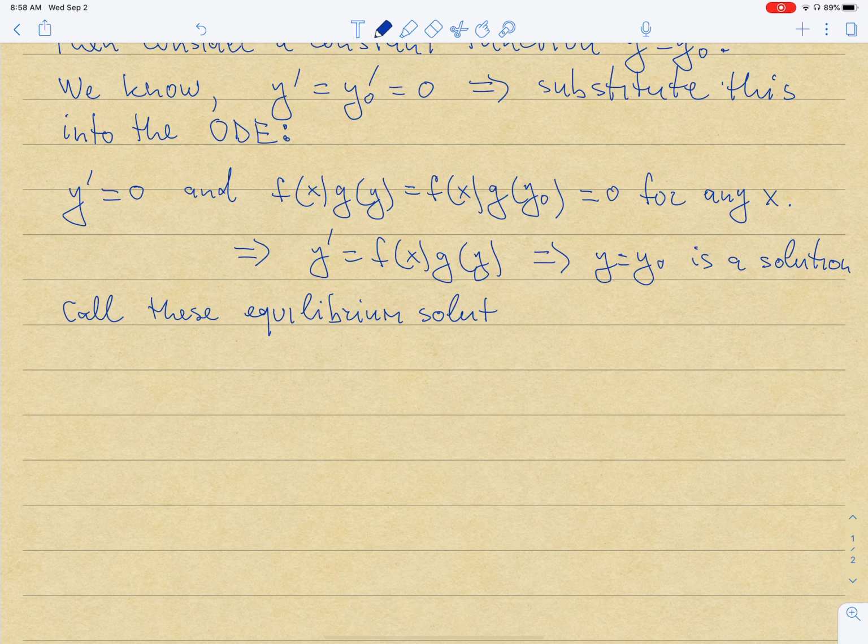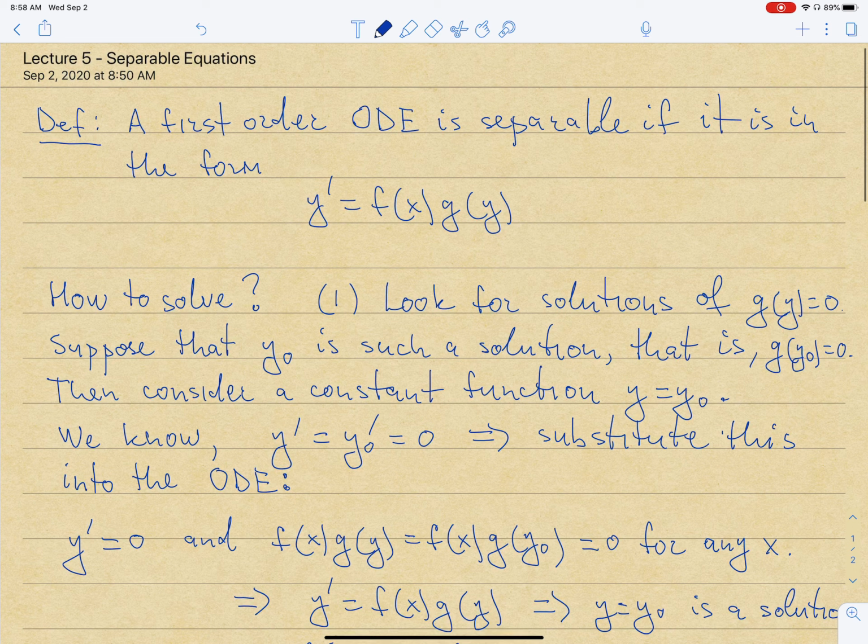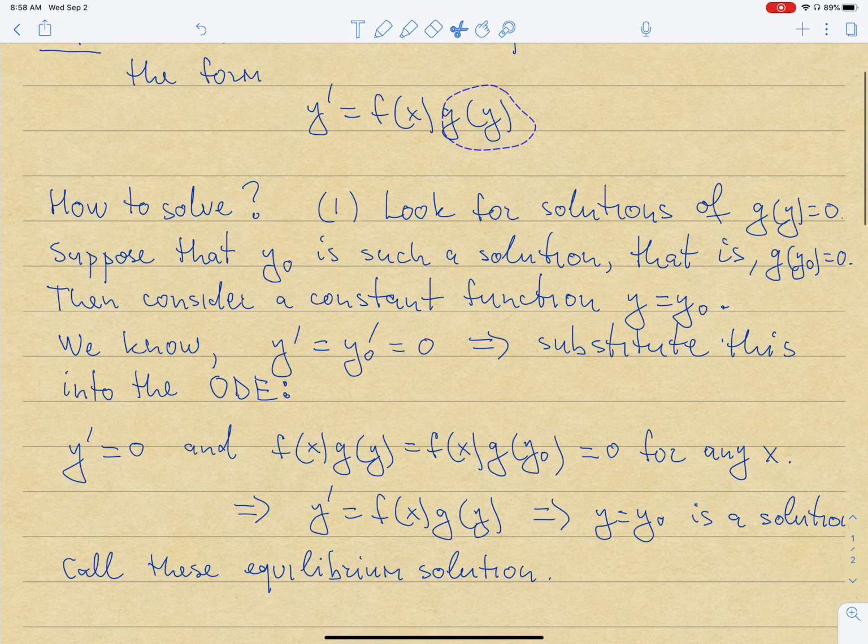Okay, so this tells you that if I want to solve a separable ODE, I can search for constants that make the function g equal to 0. And if I found a constant like this, then y equal to such a constant is automatically an equilibrium solution of my ODE. Okay, so that's one possibility.